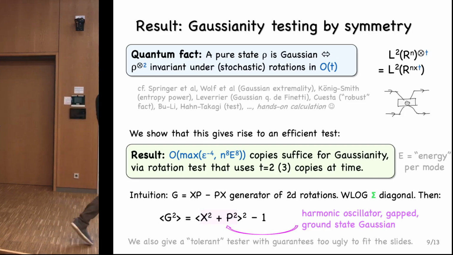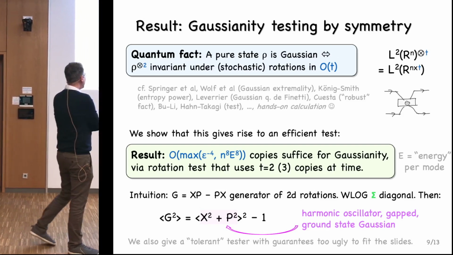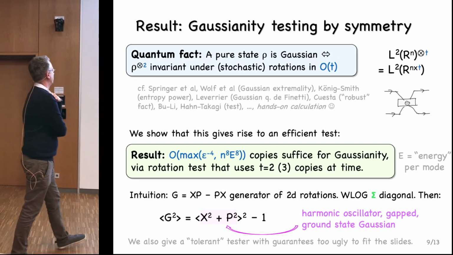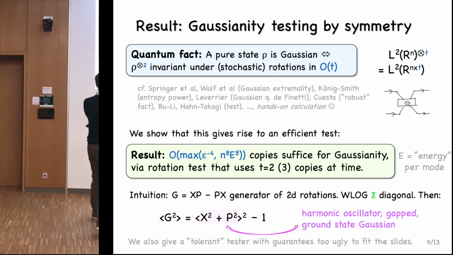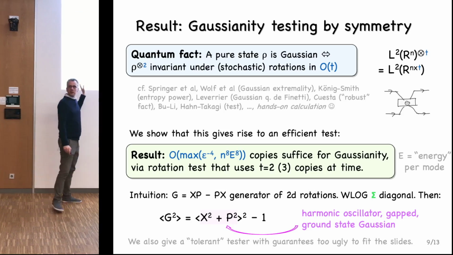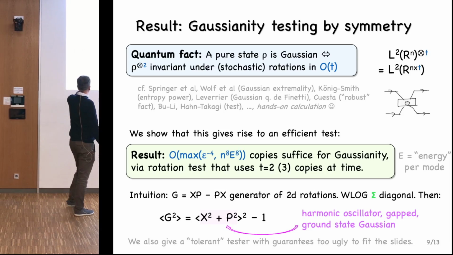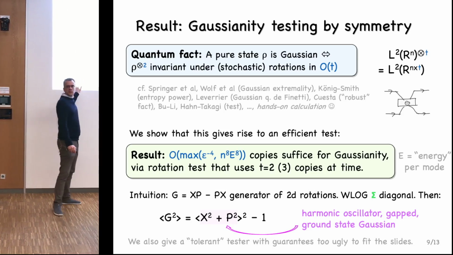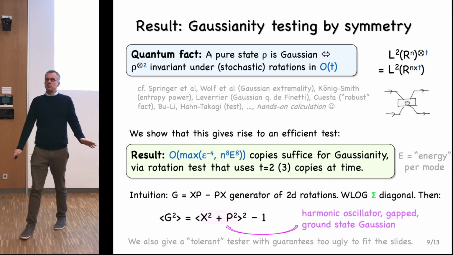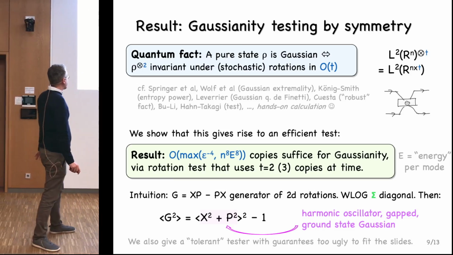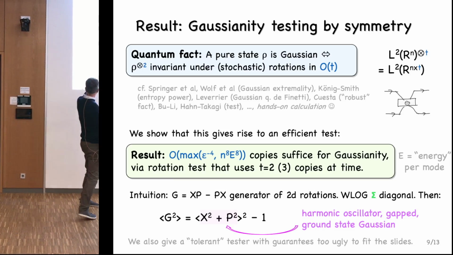Okay, maybe with an i, depending on your taste. So if you have a quantum state and the expectation value of g squared is 0, then and only then it's a Gaussian state. And intuitively, this number being small means that the test accepts with high probability.